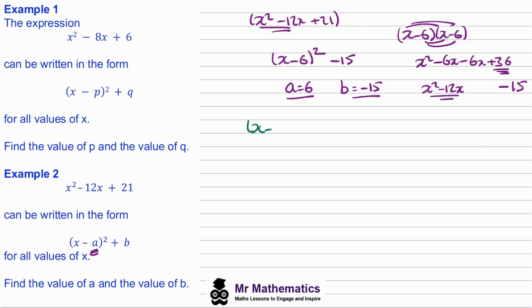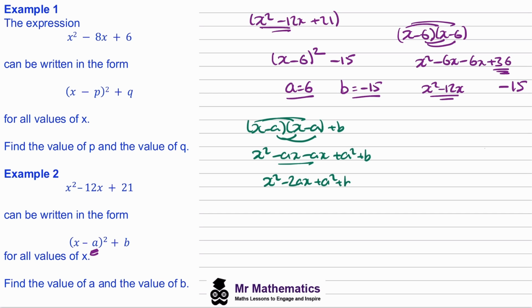If we've got (x minus a) squared plus b, we'll have x squared minus ax minus another ax plus a squared plus b. So x squared minus 2ax plus a squared plus b.